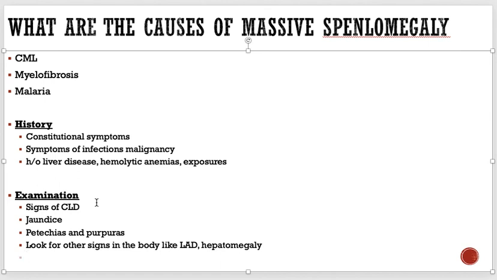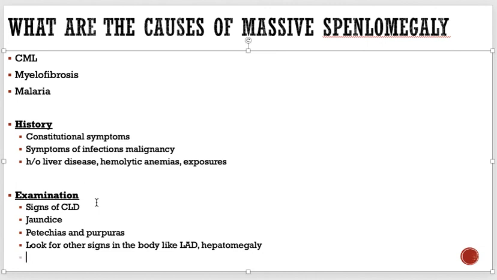So to talk about that, whenever we examine the spleen, first of all we inspect the abdomen, and then we go for palpation.